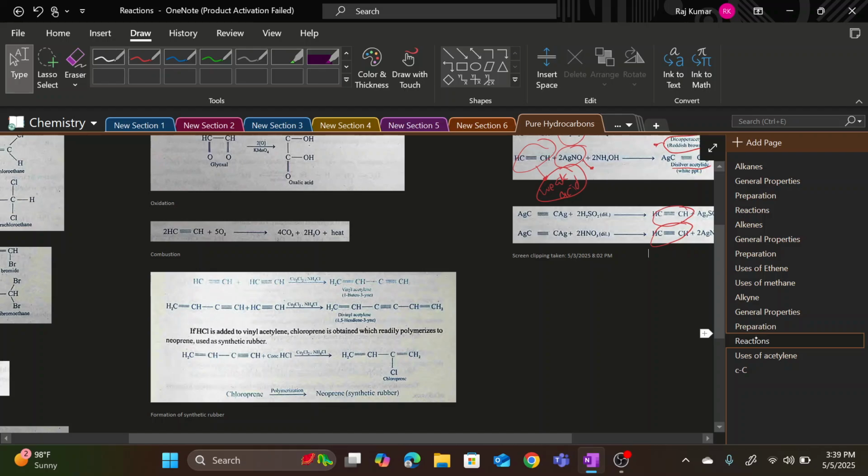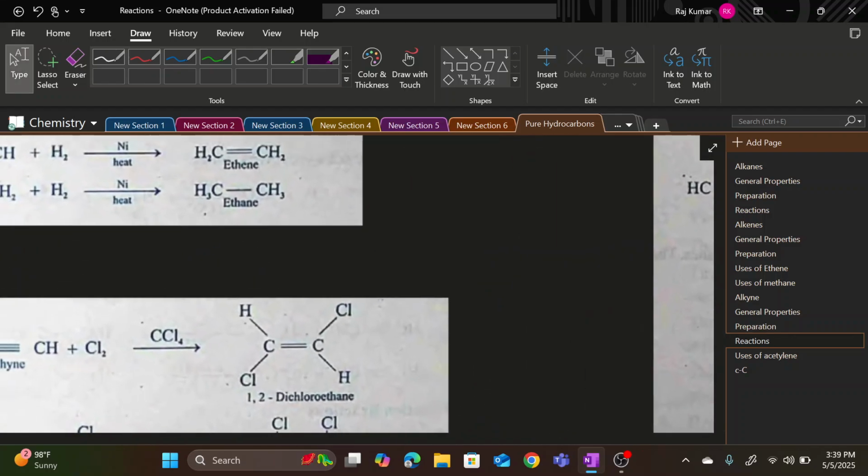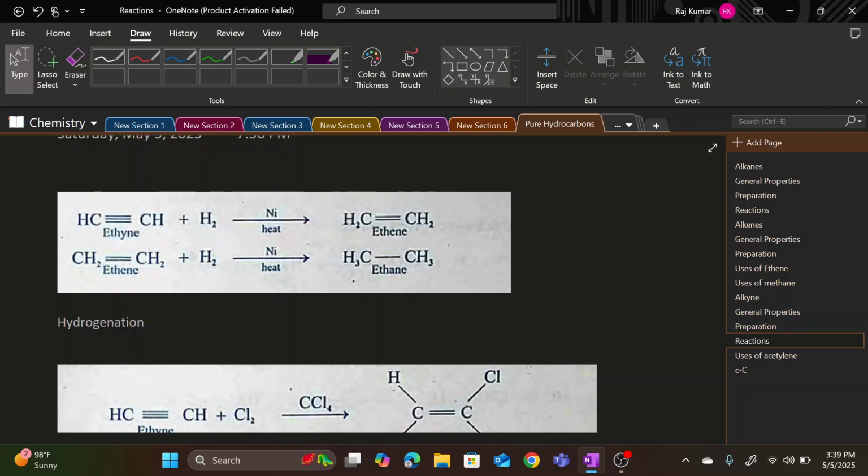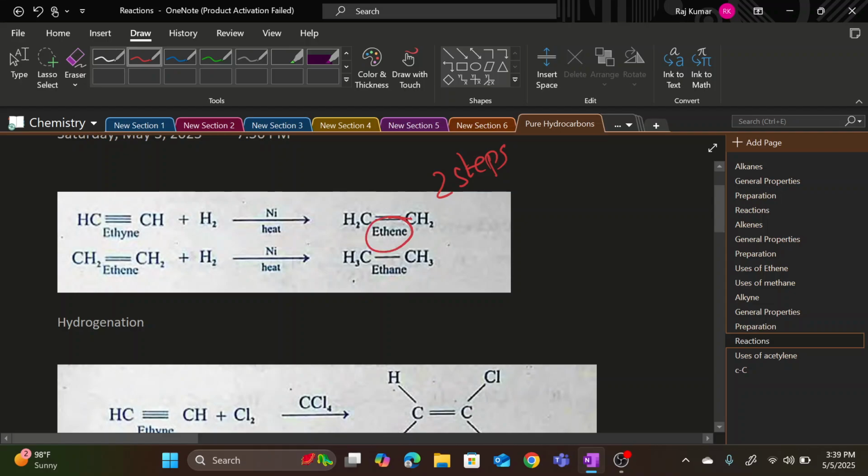Now let's move on to some of the reactions which are pretty important. Number one is hydrogenation. Hydrogenation of ethyne can happen through the same catalysts, nickel, platinum, palladium, at the same temperature. But in the case of ethyne, it takes place in two steps. In the first step, it will form ethene, and in the second step, it will form ethane.